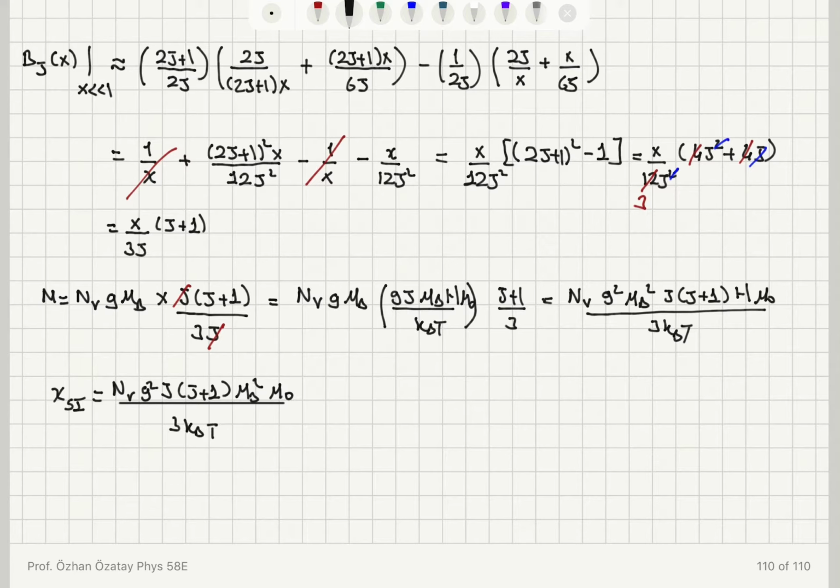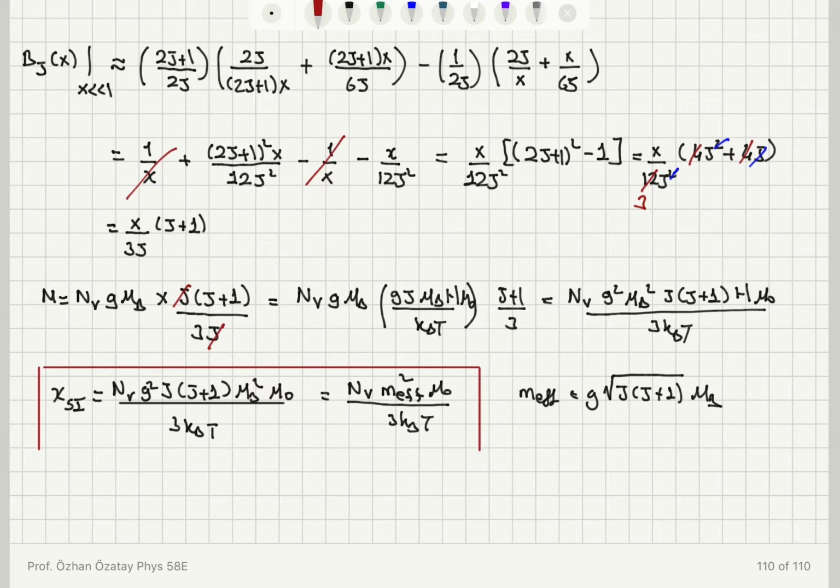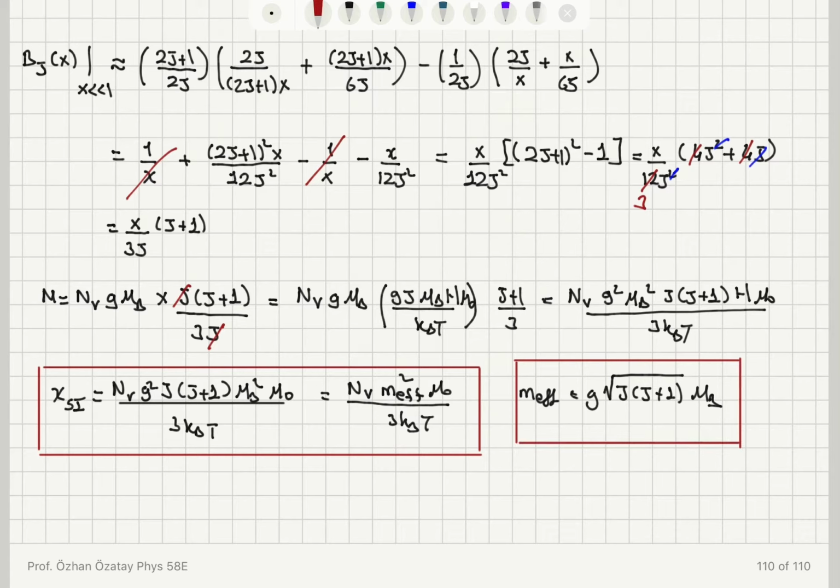And you can notice that this can be written in the form N_V m_effective squared mu 0 over 3kBT, where m_effective is g square root of J(J+1) Bohr magneton. So it's actually the magnitude of the magnetic moment. So we have found the susceptibility in SI units in this form, and it also has a 1 over T dependence, as we have seen in the Langevin theory.